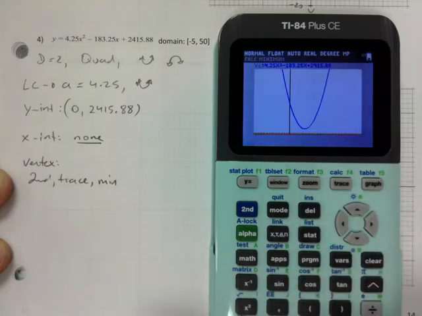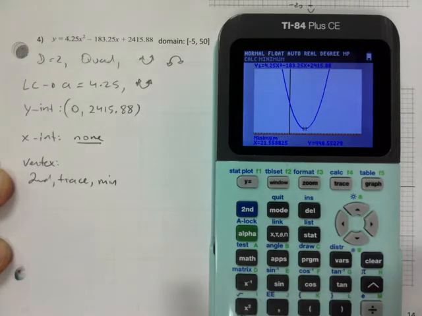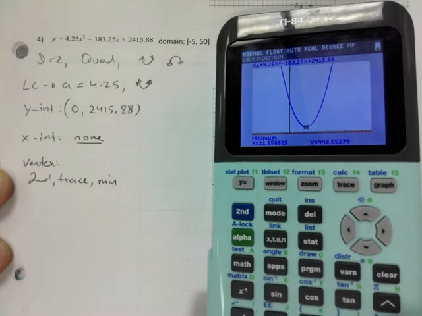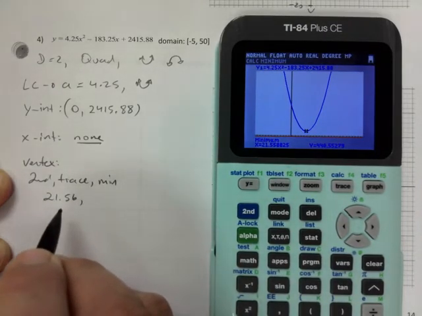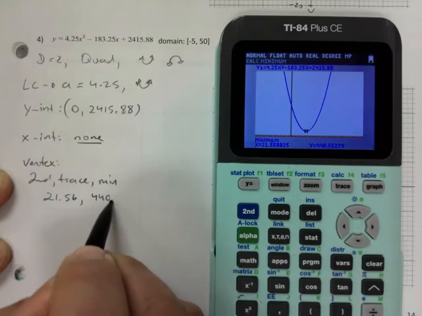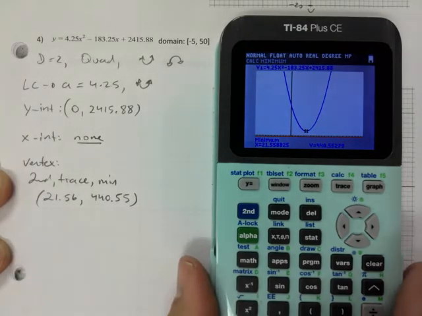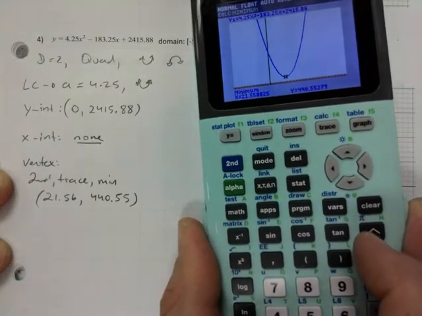Second trace min, to the left, to the right, and there it is. 21.56 and that's 440.55. 440.55. Okay.